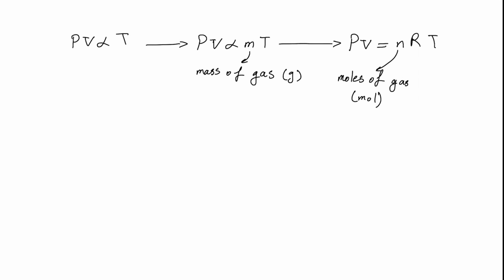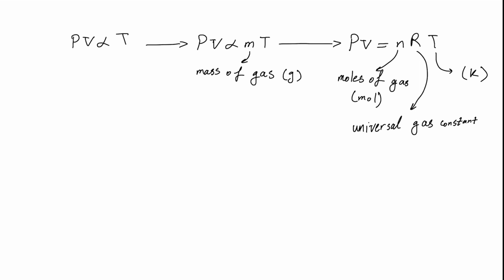And R is the universal gas constant. It is a constant, it is a number. And T is also temperature, which is in Kelvin, right?